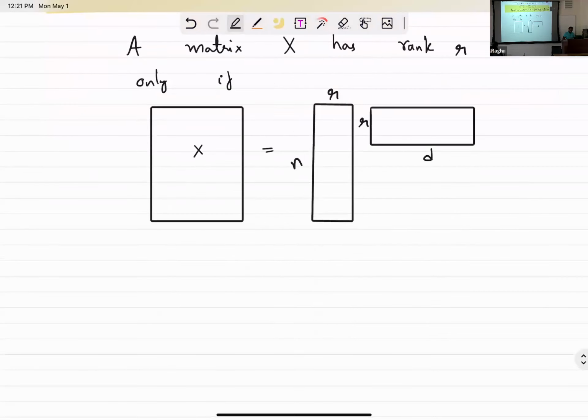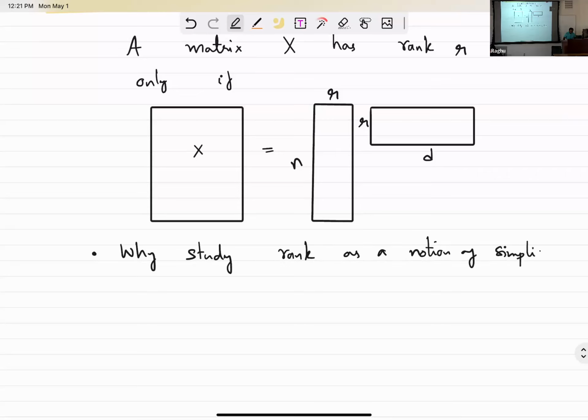All right. So, you might wonder, why study rank as a notion of simplicity? Why is it a good notion to study? Well, there are very good reasons from probabilistic models.